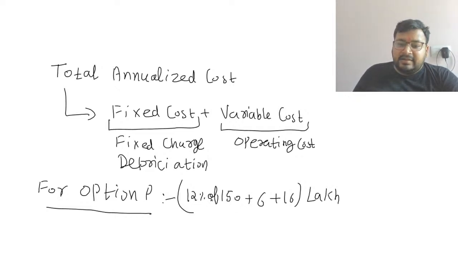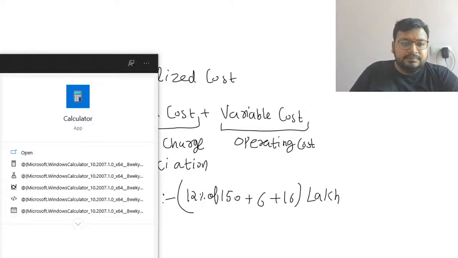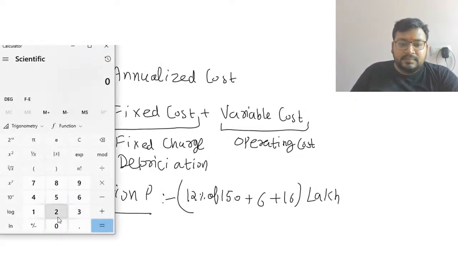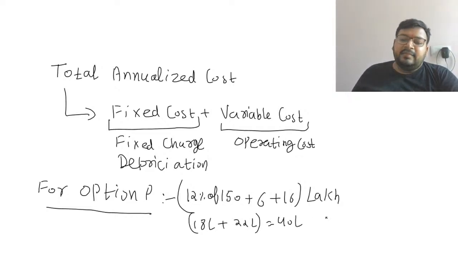So 12% of 150, 0.12 of 150, that is 18. So that is 18 lakh plus 22 lakh, and that comes out to be 40 lakh, guys. So for option P, the total cost is 40 lakh.